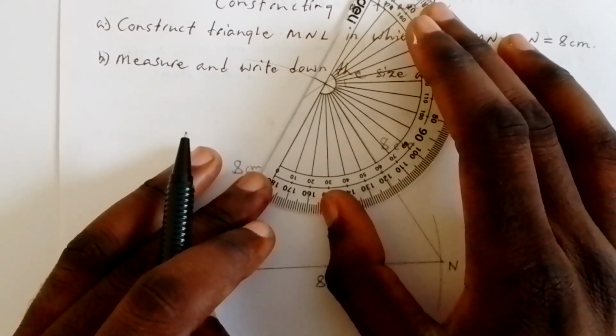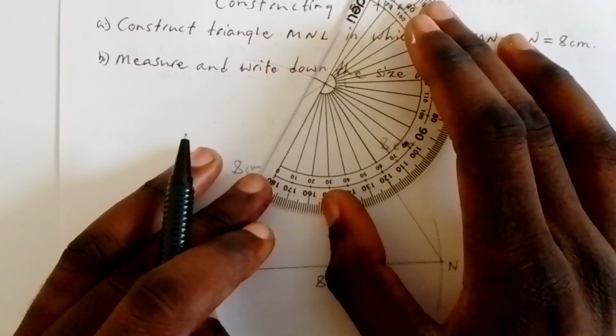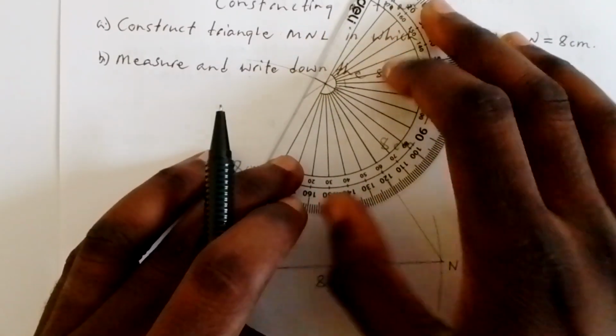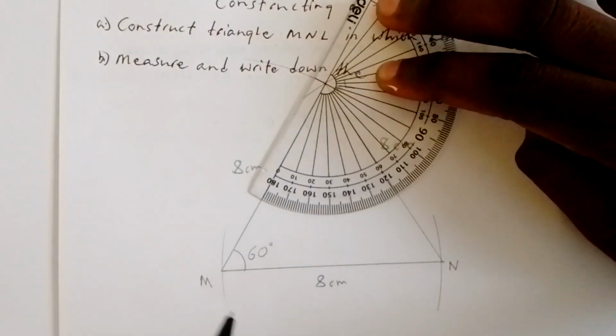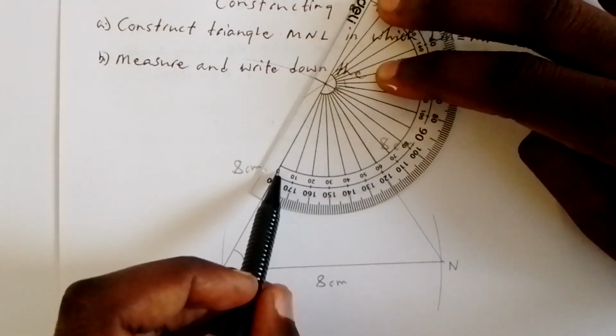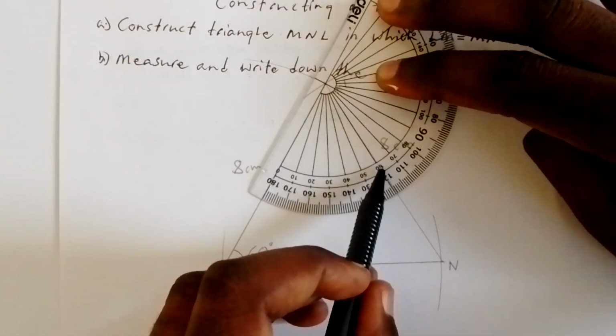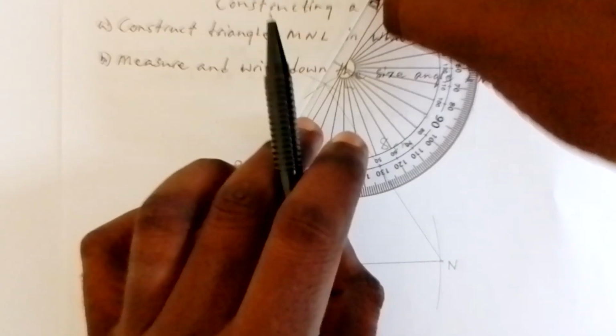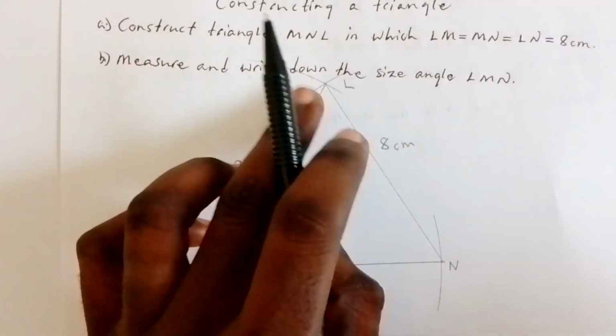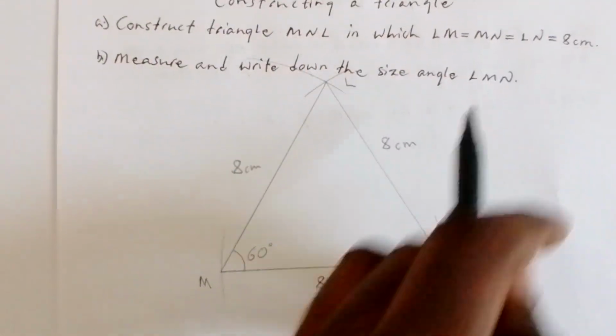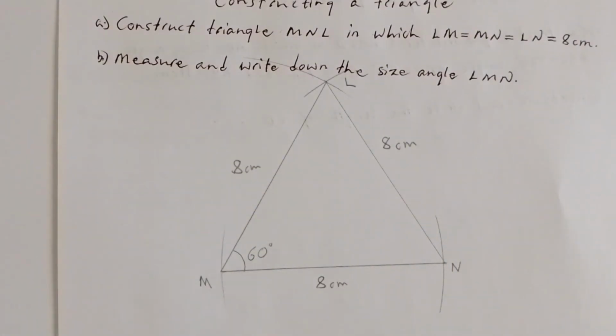Even the other one is also 60 degrees, as we can see, 0, 10, 20, 30, 40, 50, 60 degrees. So that's it. When you're asked to construct an equilateral triangle where all the three sides are equal, this is what you can basically do, boys and girls. Okay, so we move on.